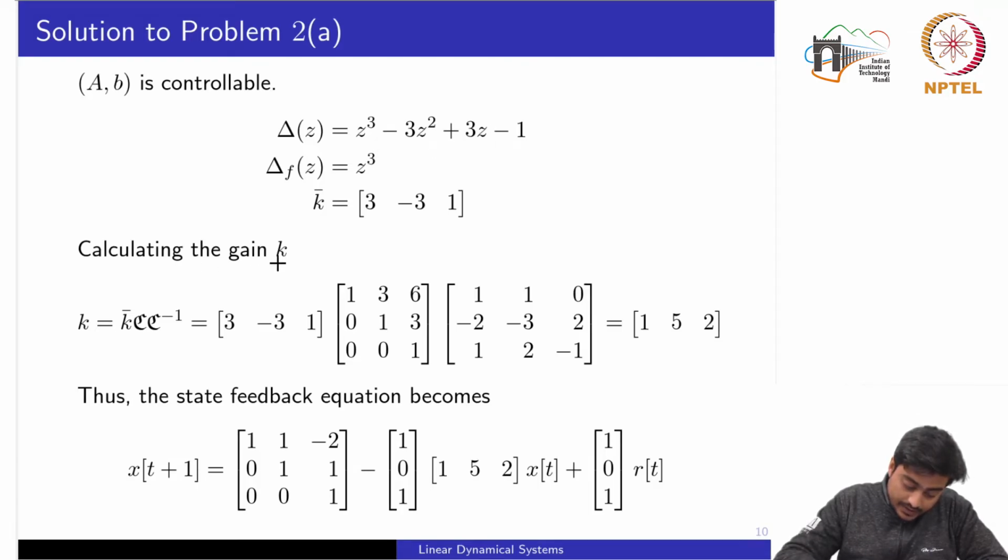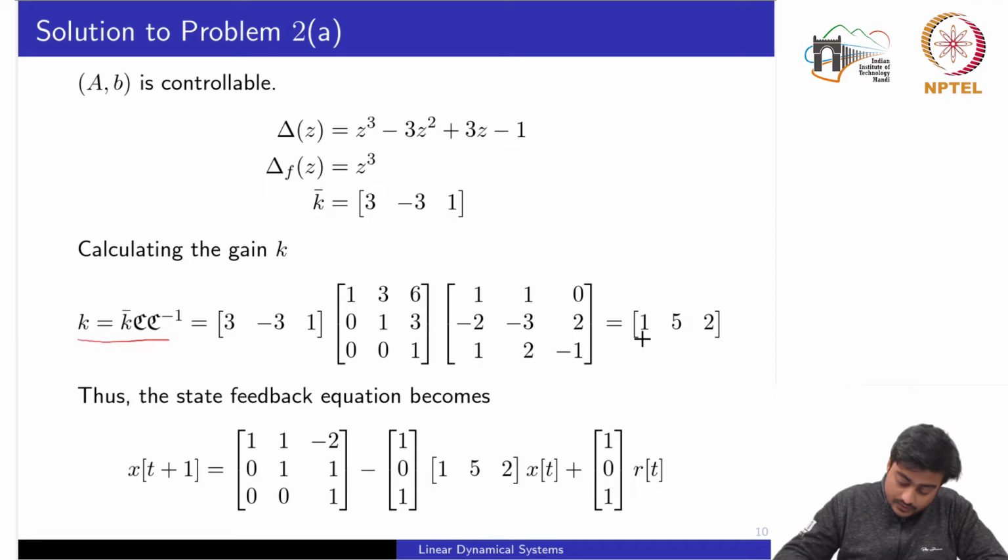Now the gain k can be computed by using this formula, where k bar we have assigned by having the information of the characteristic polynomial of the plant and the feedback loop, and then the controllability matrix multiplied by its inverse. So using this equation, we can compute this k vector.